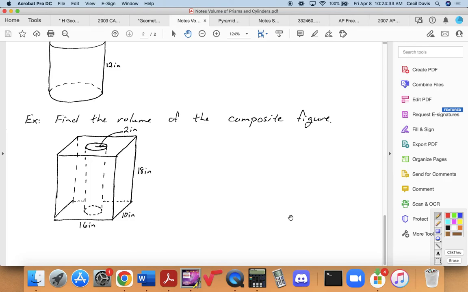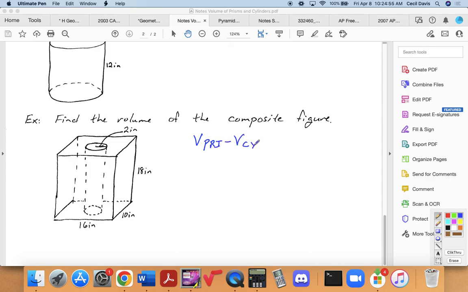Okay, let me just say real quickly, for volume, you always do one volume plus or minus the other volume. So here, all you have to do is the volume of the prism minus the volume of the cylinder.